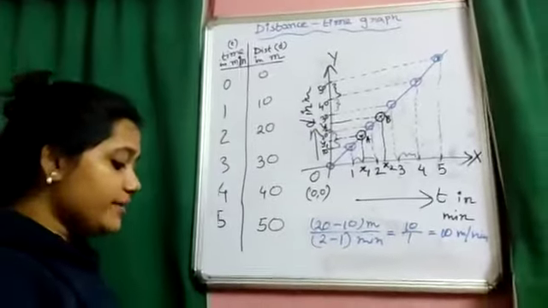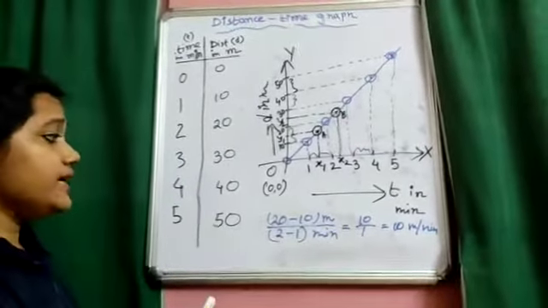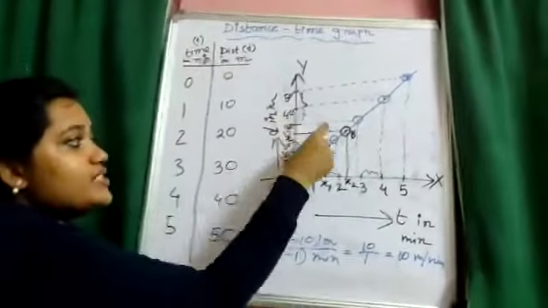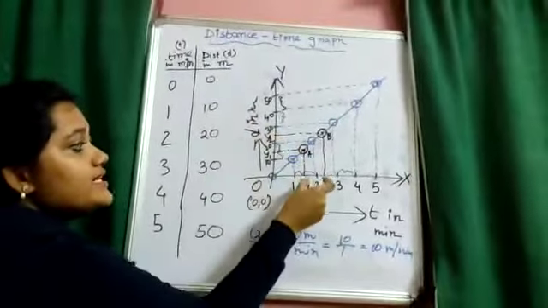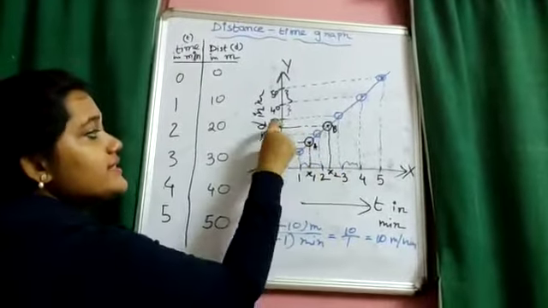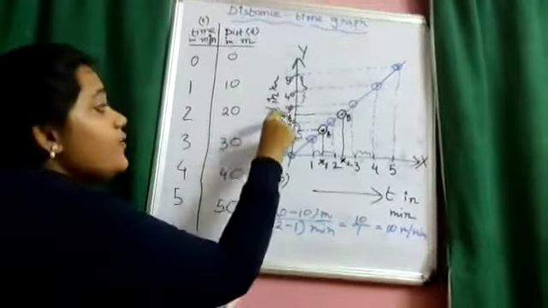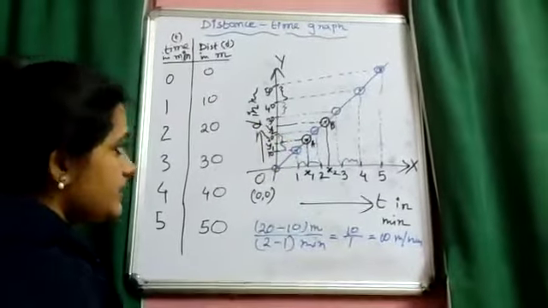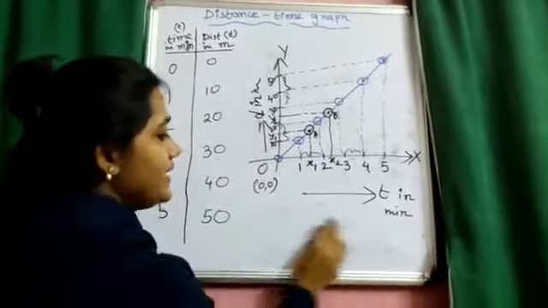Okay, so if I am checking for the general term, for this much time interval, how much distance it has covered, or how much time it has taken to cover this much distance. So how will I get it?